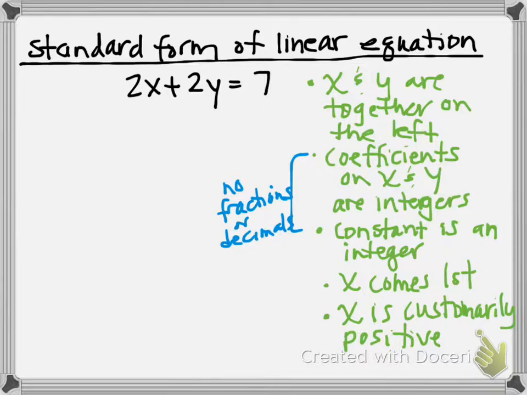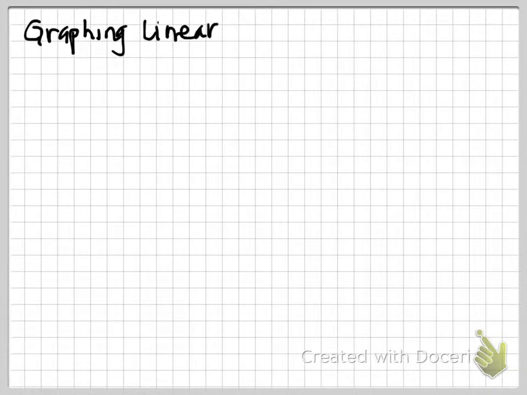Okay, now that we understand this, I'm going to give you a different way to graph a linear equation. And I think I'll bring up my pretty paper. So, graphing linear equations using intercepts.